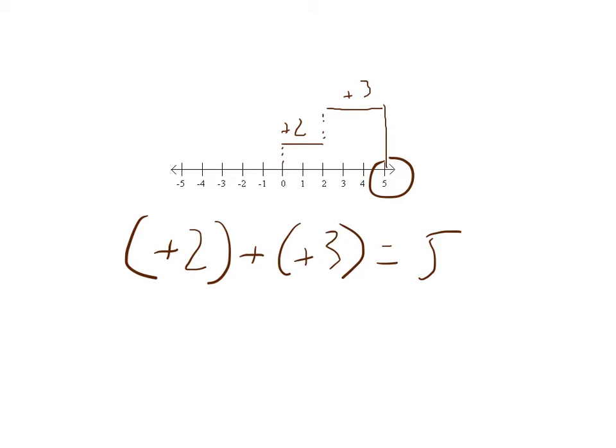What happens though when we add a positive and a negative number? Again, it depends on which one is larger. So in your book they show a positive 3 plus a negative 5. So in this case we see that the negative 5 is a larger number. So our answer is going to be negative as well.